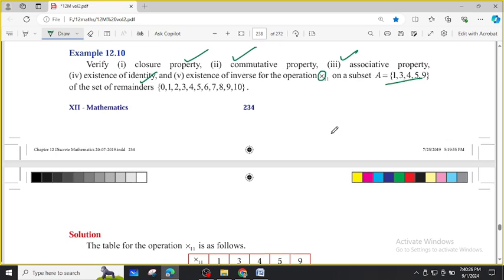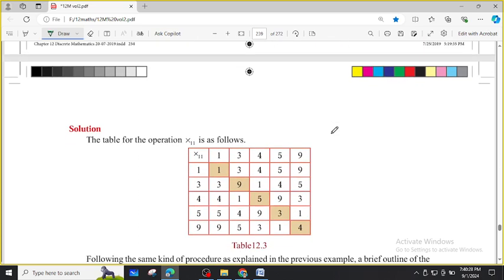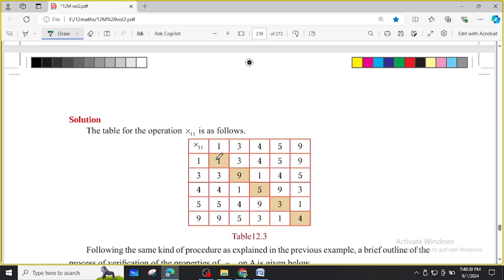You take only 1, 3, 4, 5, 9 and multiply. 1 into 1 is 1, 1 into 3 is 3, 1 into 4 is 4, 1 into 5 is 5. Likewise 3 into 1, 4 into 1, 5 into 1, 9 into 1, everything is correct.